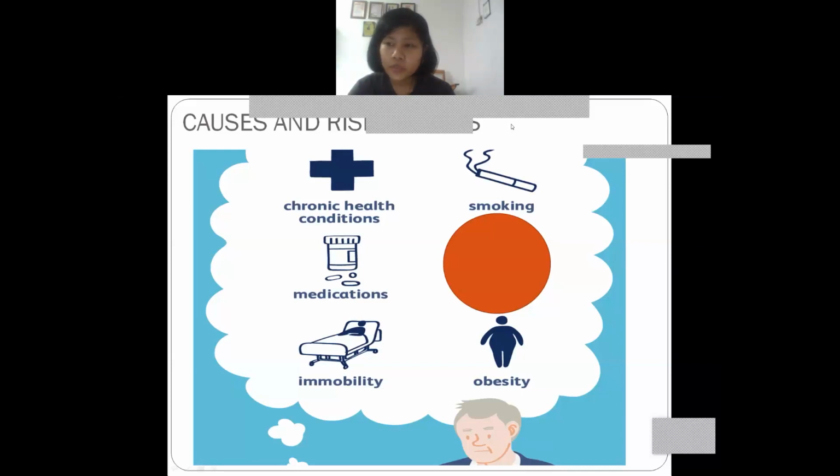Inside, there will be a blood clot, and ultimately that will lead to superficial thrombophlebitis. And chronic health conditions like cancer can also lead to superficial thrombophlebitis.